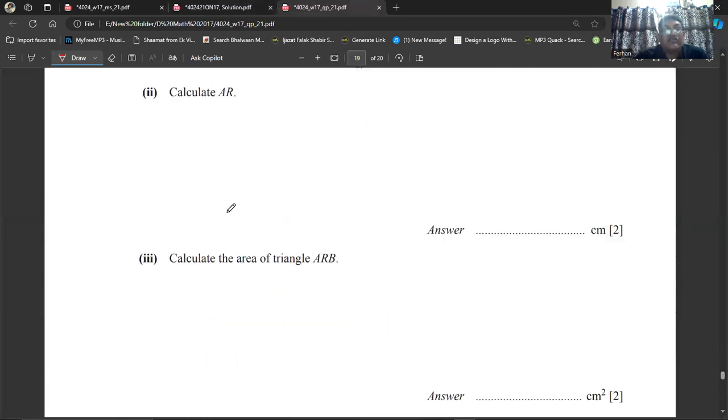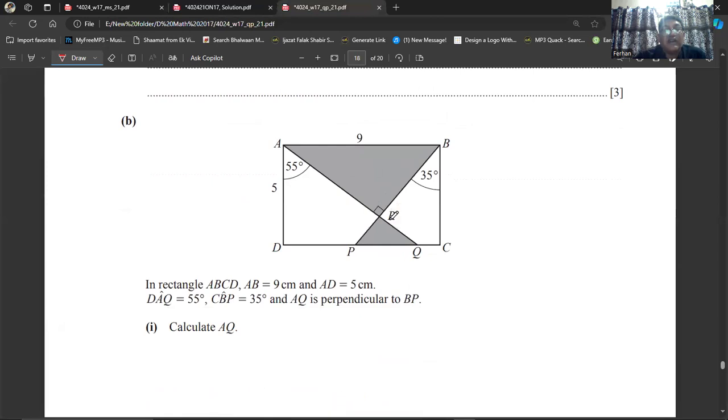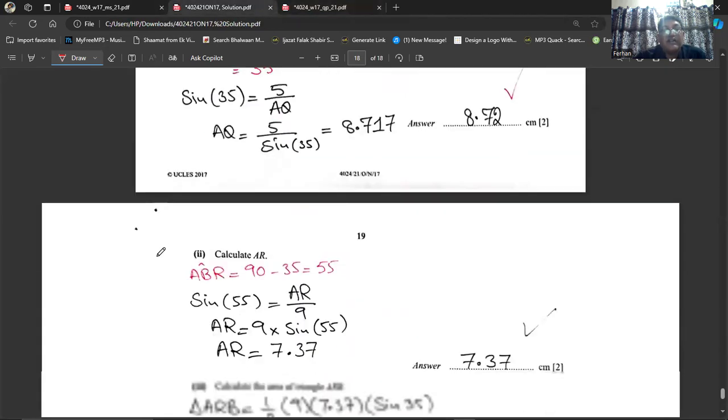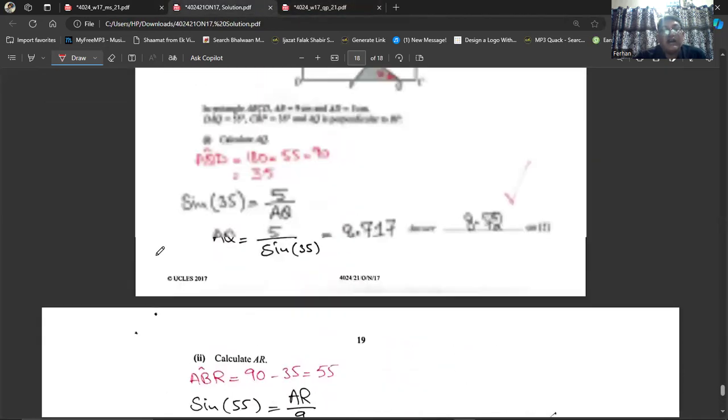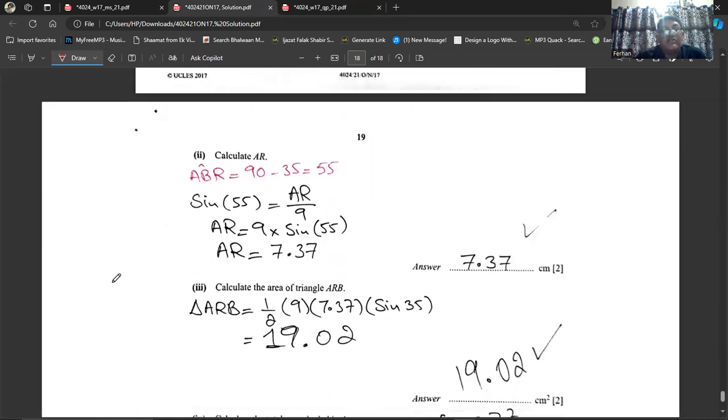Okay, now the question is to find AR. They want me to find the value of AR. Very simple. How much is this angle? This angle is 90. From 90 subtract 35, you get 55. So the angle ABR will be 90 minus 35, which is 55.